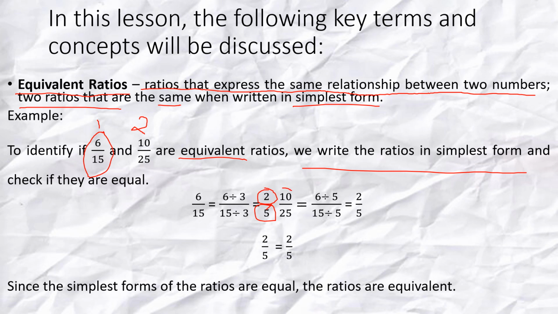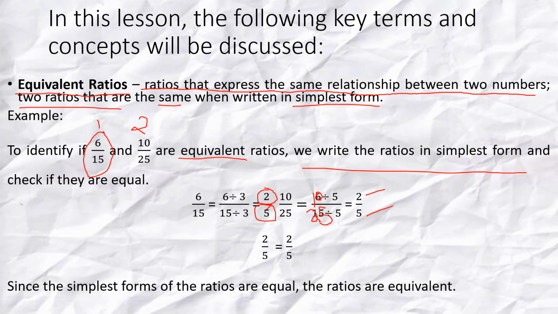While 10 over 25, the GCF of 10 and 25 is 5. So 10 divided by 5 is 2. 25 divided by 5 is 5. So therefore, both simplest form is 2 over 5.